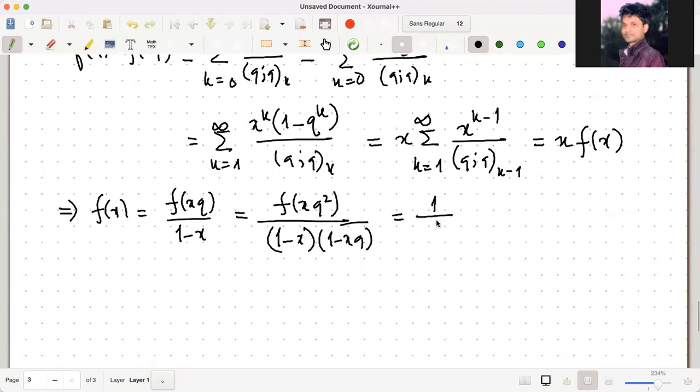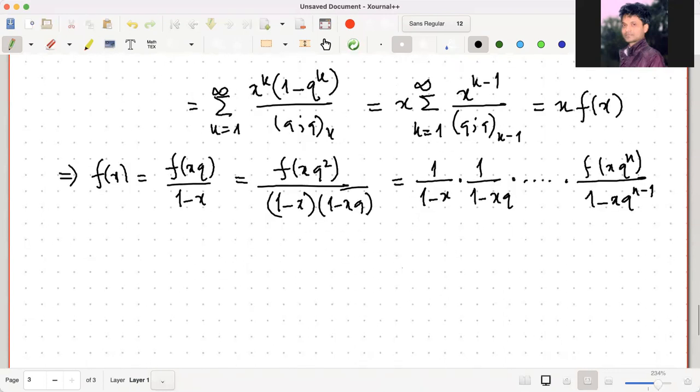And I can just keep on doing this. So this will be 1 minus x, 1 over 1 minus xq, and so on up to 1 minus xq to the power n minus 1. So this is just equal to f(xq to the power n) over (x; q)_n.